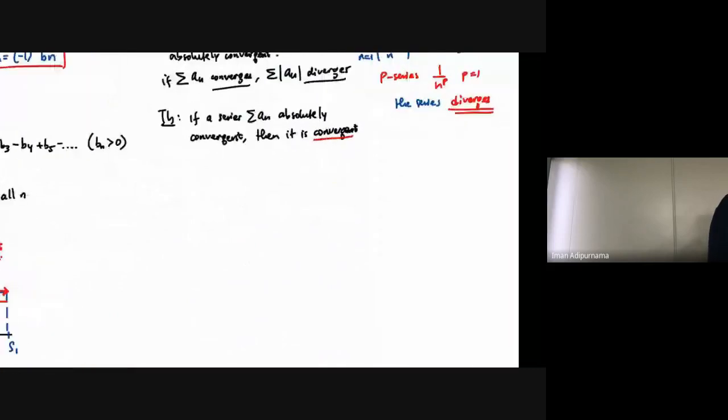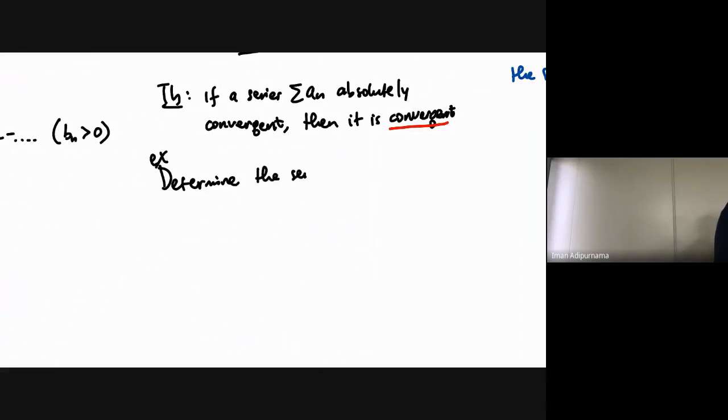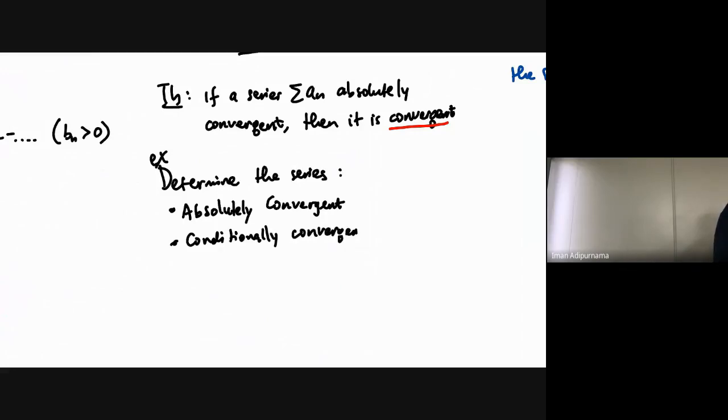Okay, let me give you another example to see how it works. Example: determine whether the series is absolutely convergent, conditionally convergent, or divergent.